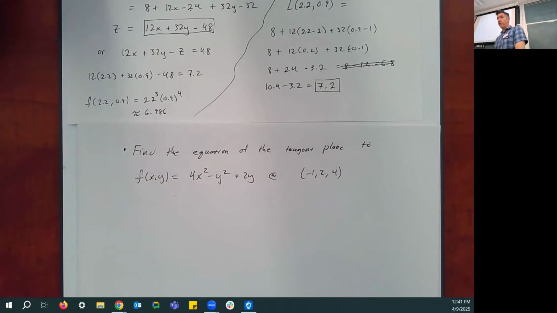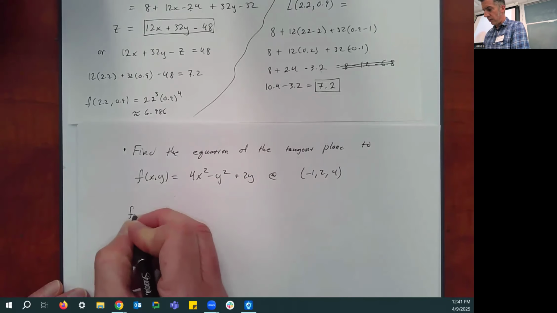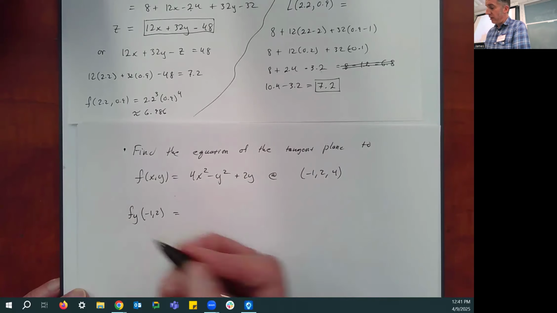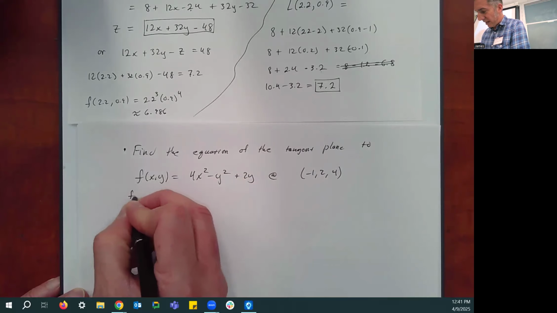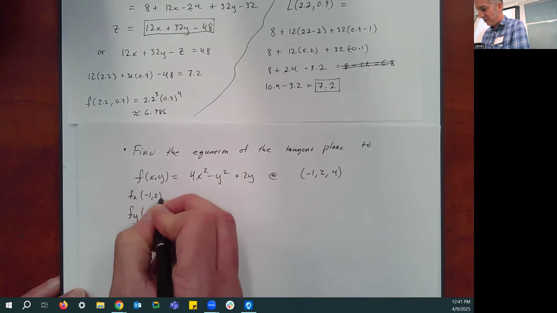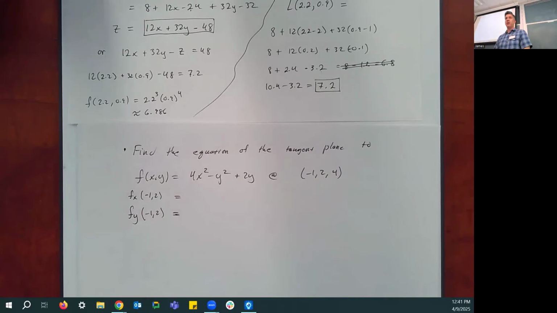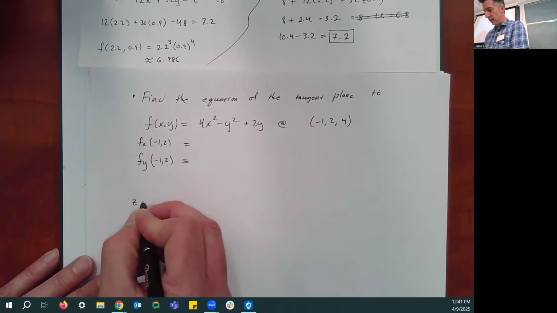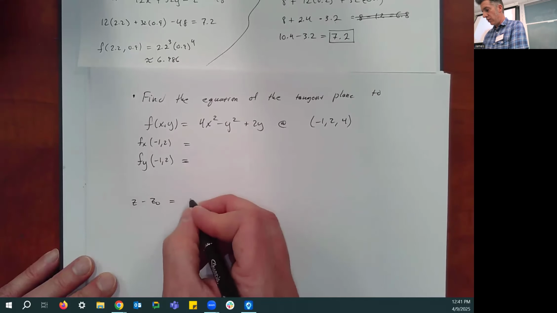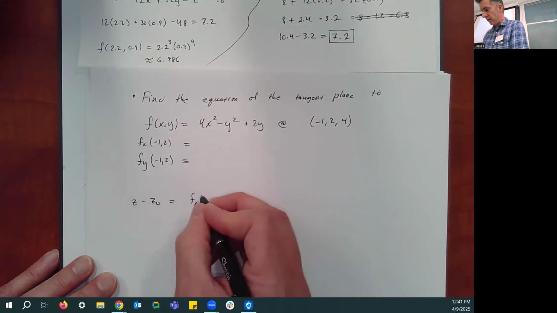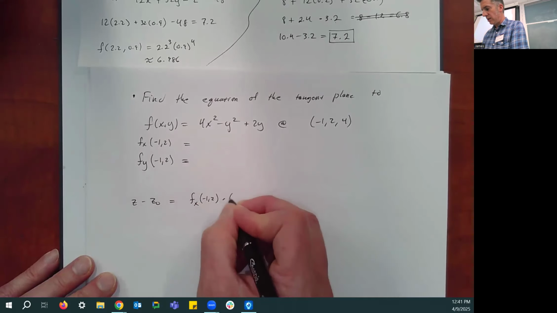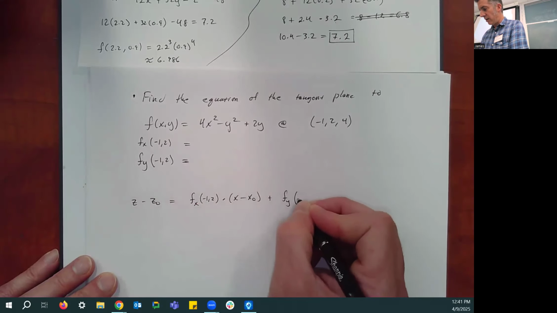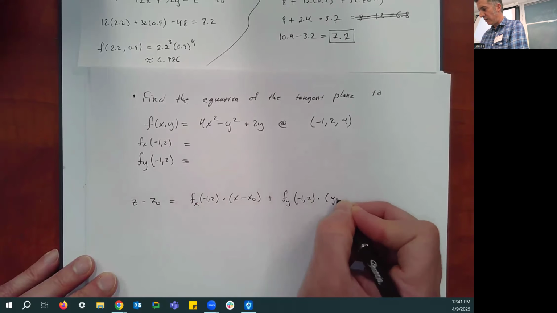So I'll remind you, you need to find a few things. You need to find the partial with respect to x, also evaluated at -1, 2, and the partial with respect to y, evaluated at -1, 2. So find the partials first, then plug in the point. Those will be your slopes, and then your equation of your tangent plane should look something like z minus your z coordinate equal to your partial with respect to x evaluated at -1, 2 times x minus your x coordinate plus your partial with respect to y evaluated at -1, 2 times y minus your y coordinate.